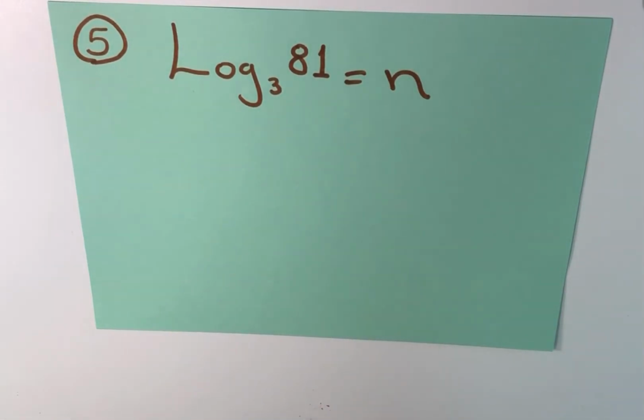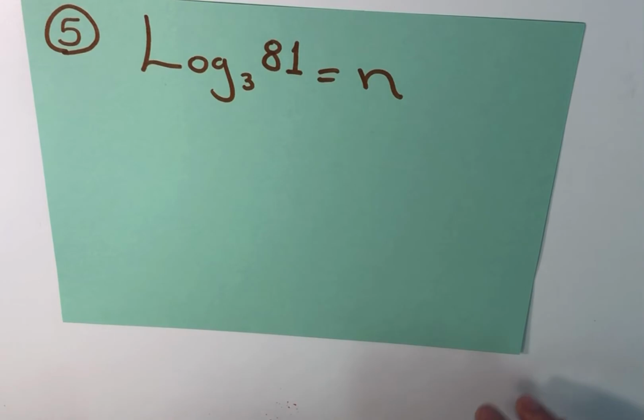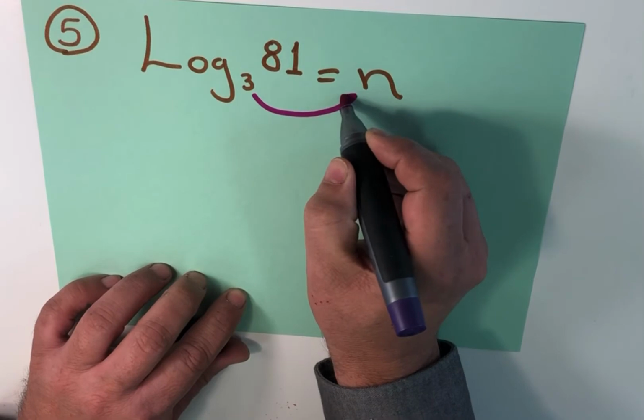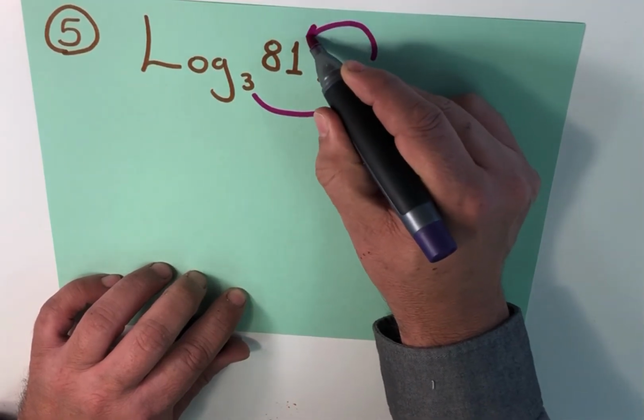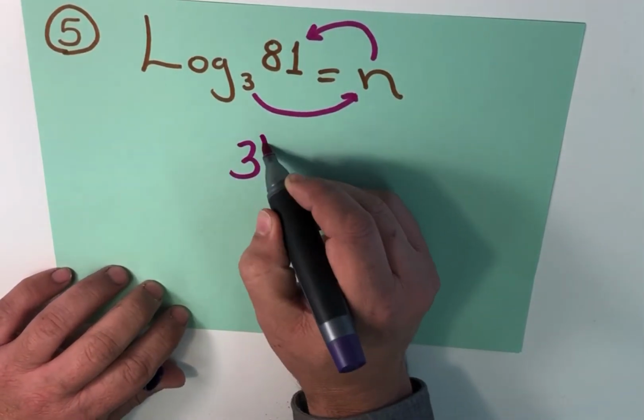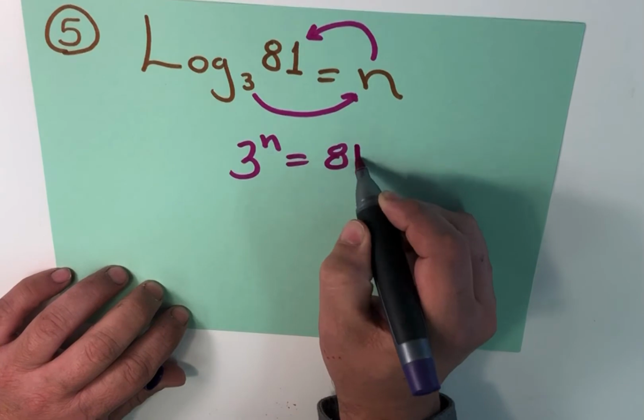As you will see in example number 5, we have one log, and when you have one log, you rotate. So let us rotate. Of course, we're always going to pick from the little guy, and we're going to rotate from the base, which if I show my arrows, which I will be expecting you to do, it will look like this. When you turn this into exponential, this will be 3 to the n is equal to 81.